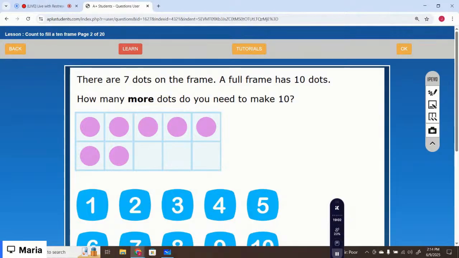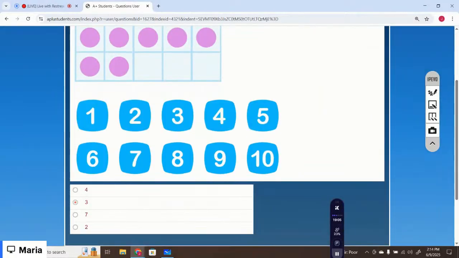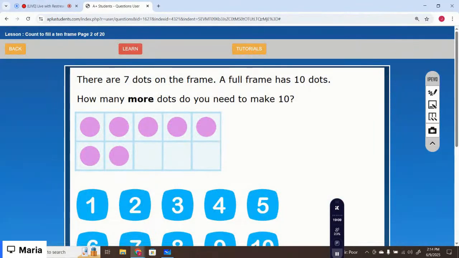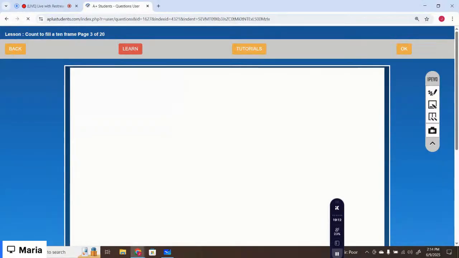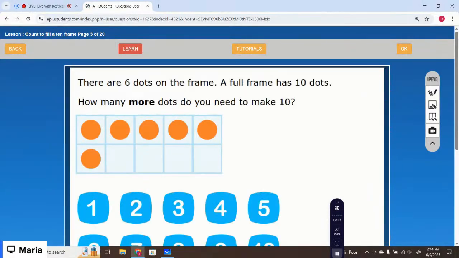We need three more doors to make it 10. There are six doors on the frame.